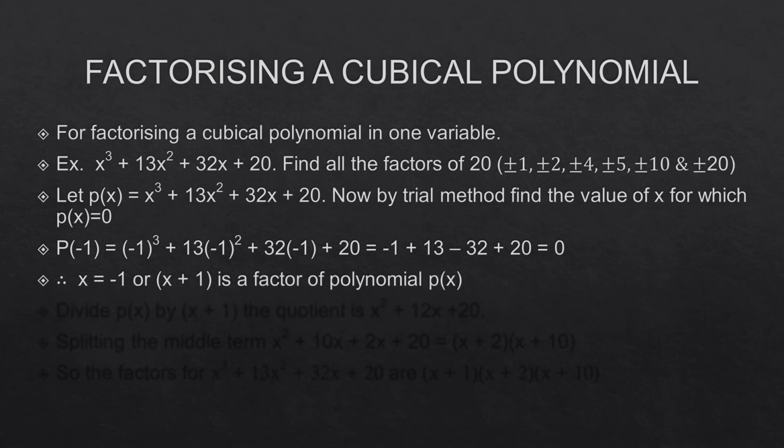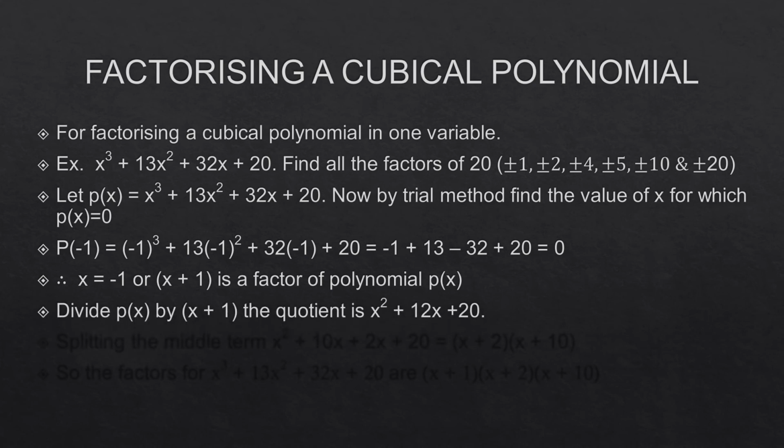Therefore x is equal to minus 1, or x plus 1 equals 0. If we transpose minus 1 to the left side, it becomes x plus 1, which is a factor of the polynomial p(x). Since this is a factor, we divide the complete polynomial x cube plus 13x square plus 32x plus 20 by x plus 1.